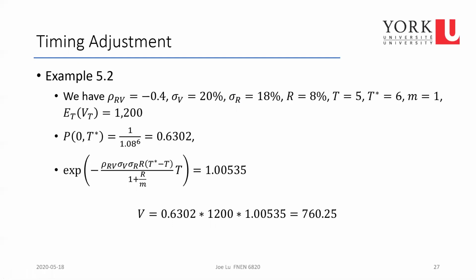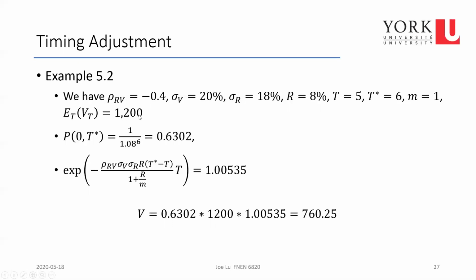This is 1 period, 1 year. So if you look at it, your expected value of VT using a numeraire asset of a zero coupon bond that matures at big T is 1200.